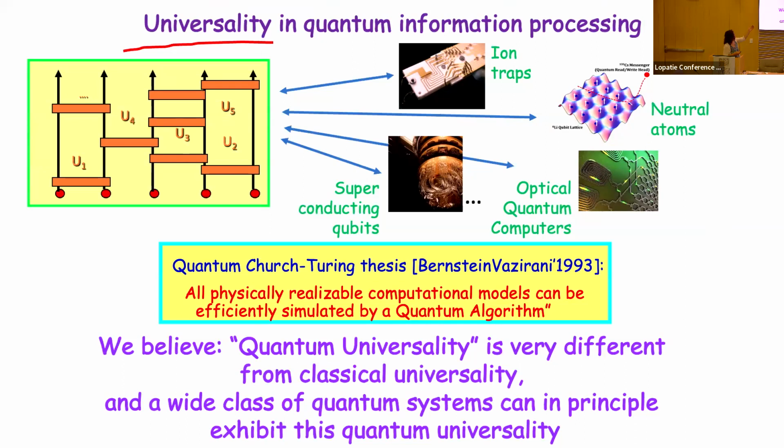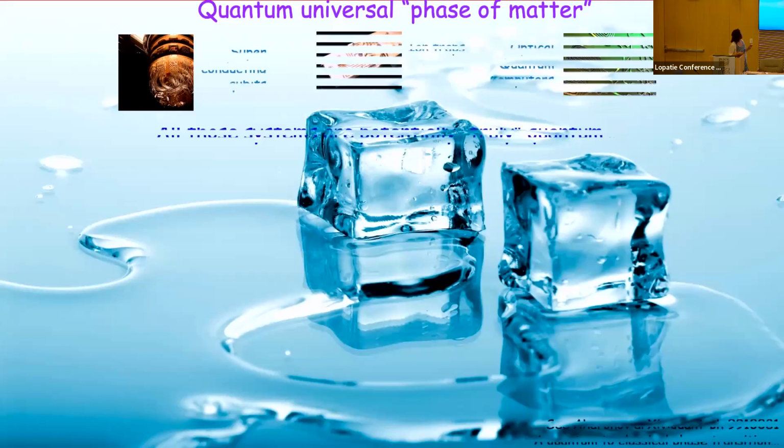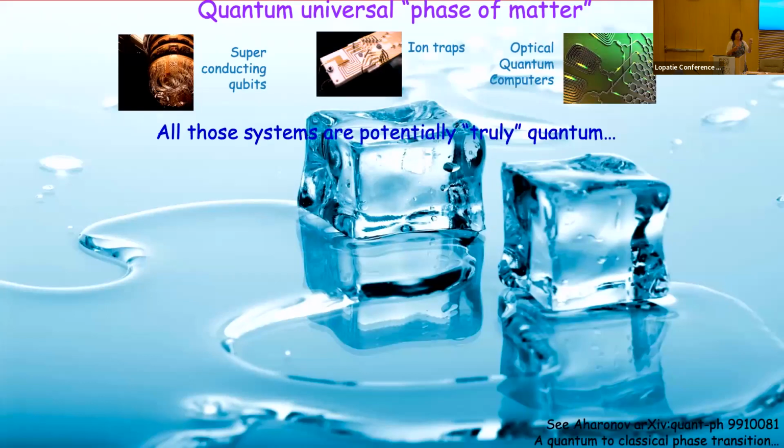And it also is believed that all these different physical systems are capable of providing this universal quantum behavior if controlled well enough. One way to view this is that there's a phase transition between quantum global behavior and classical global behavior. If the error rate is small enough, you have the ability to perform quantum behavior at large scales.